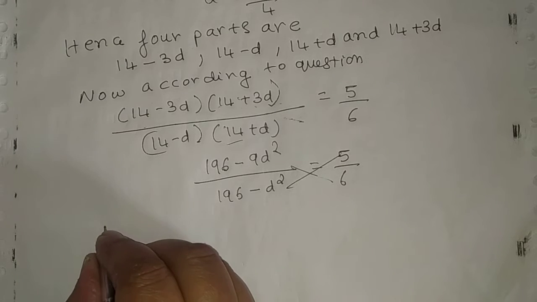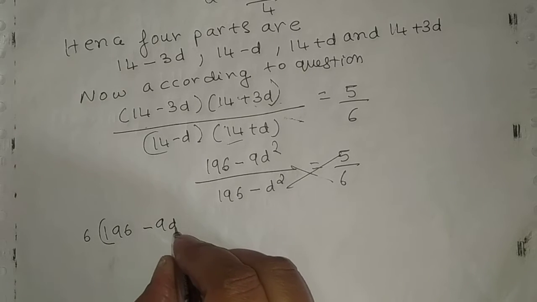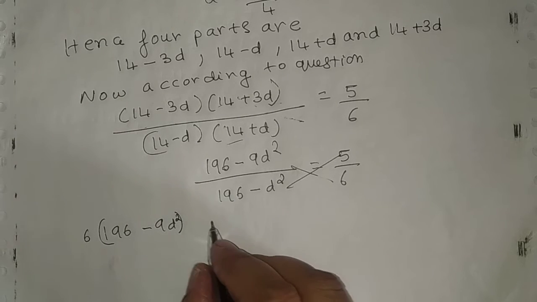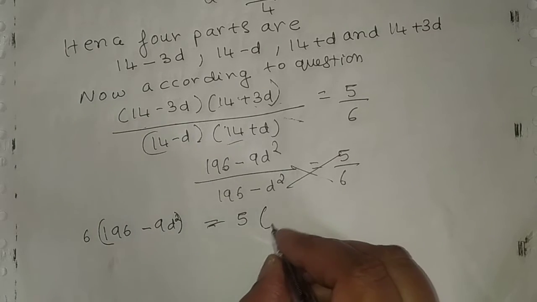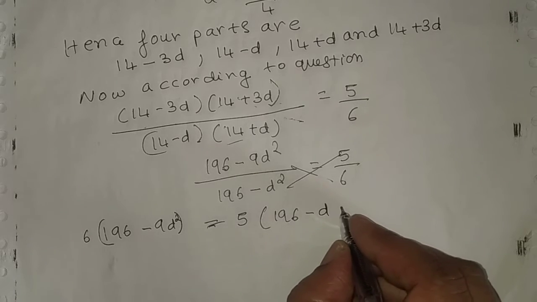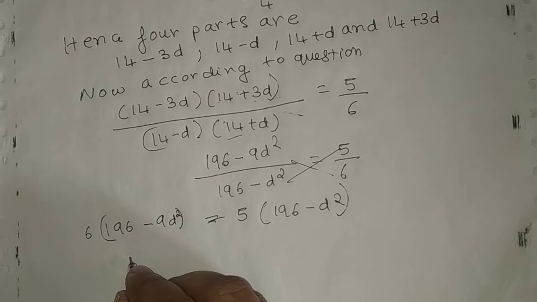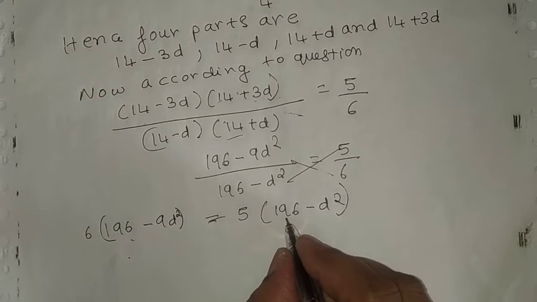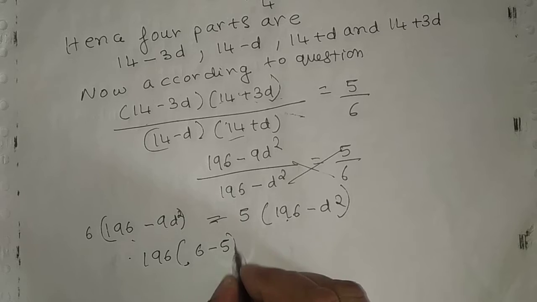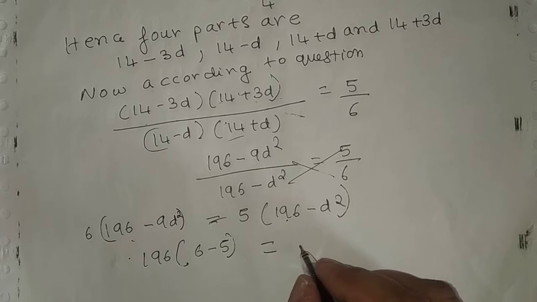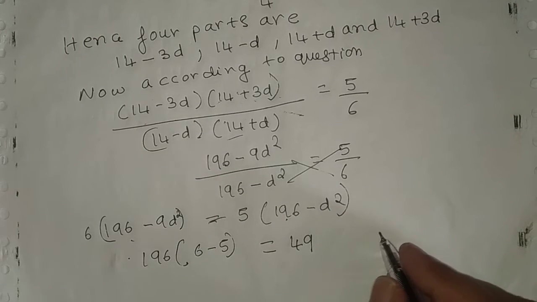By cross multiplying, we get 196 into 6 minus 9d square, which is equal to 5 into 196 minus d square. Multiply this, we'll get 6 into 196 and 5 into 196; take 196 outside and write 6 minus 5, is equal to, then this d square will become 49.